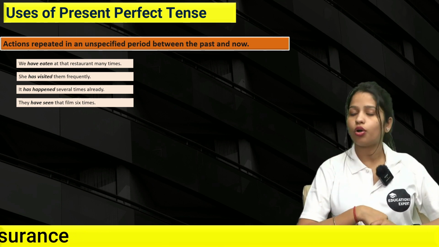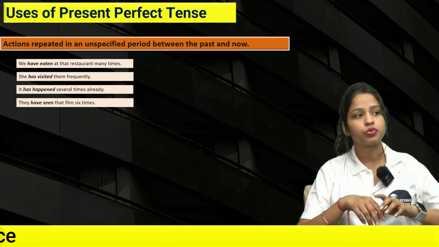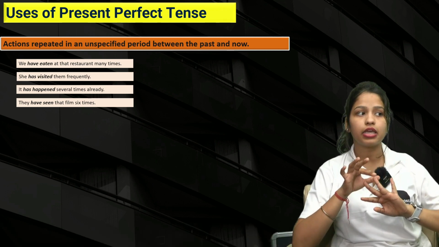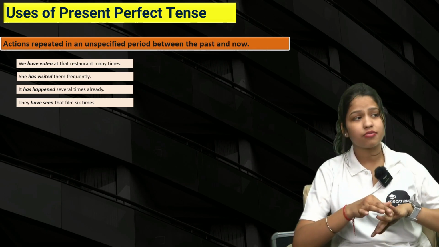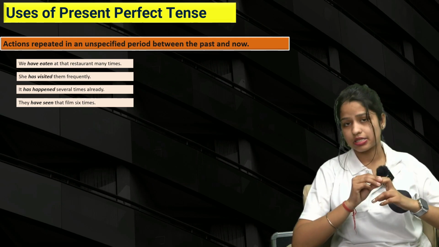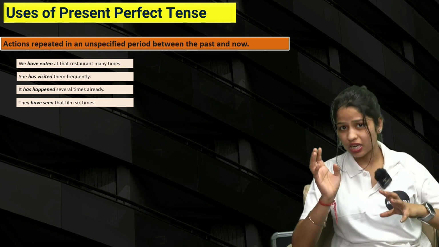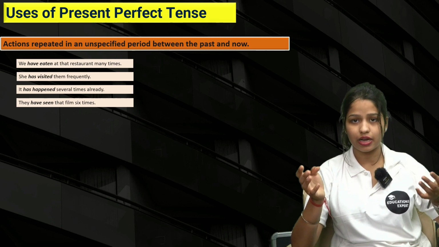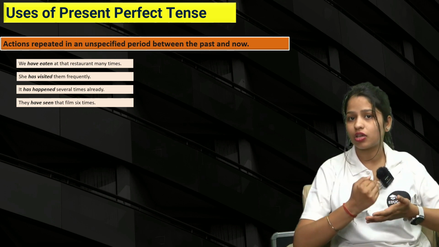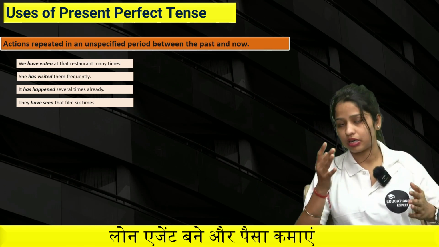If you look at all of these sentences more closely, you will see the time phrases many times, frequently, several times already, and 6 times. Do any of these time phrases refer to a specific time period? Obviously not, right? We cannot tell you assuredly what the exact time period is.